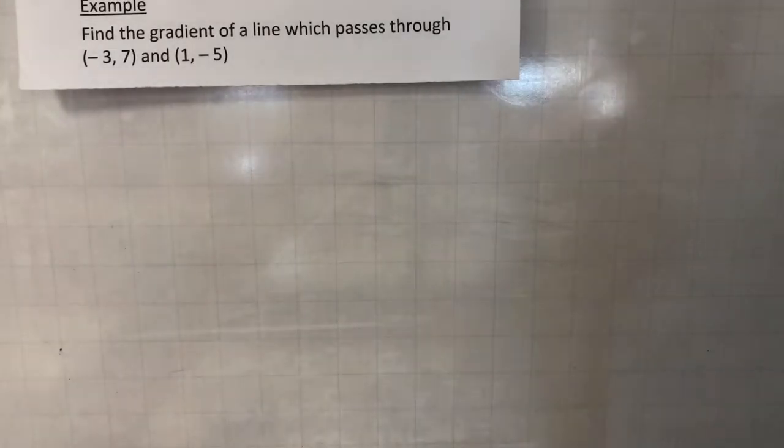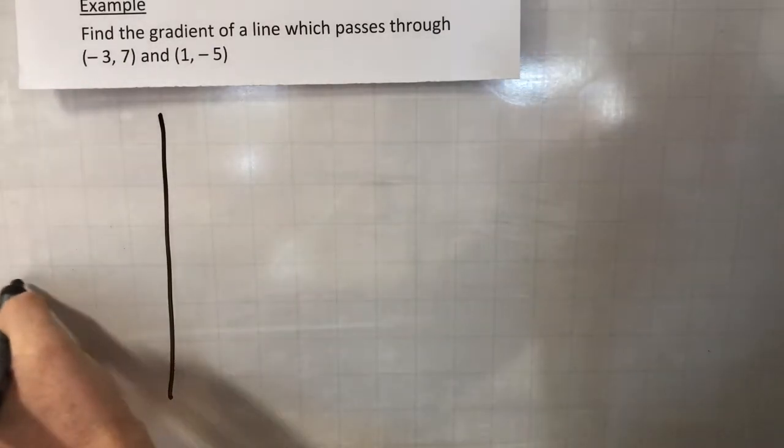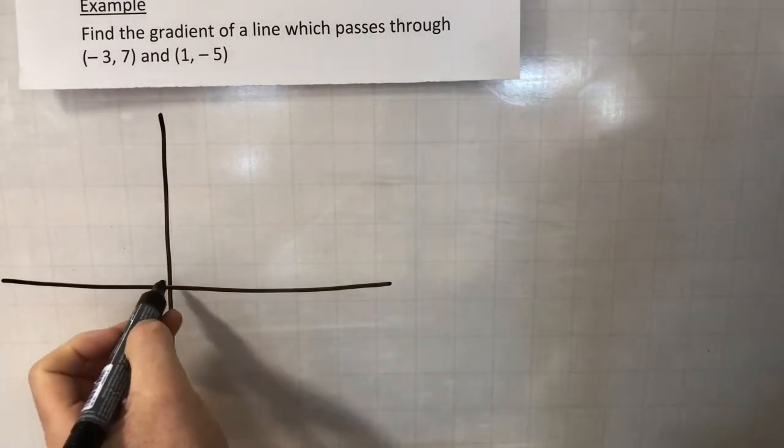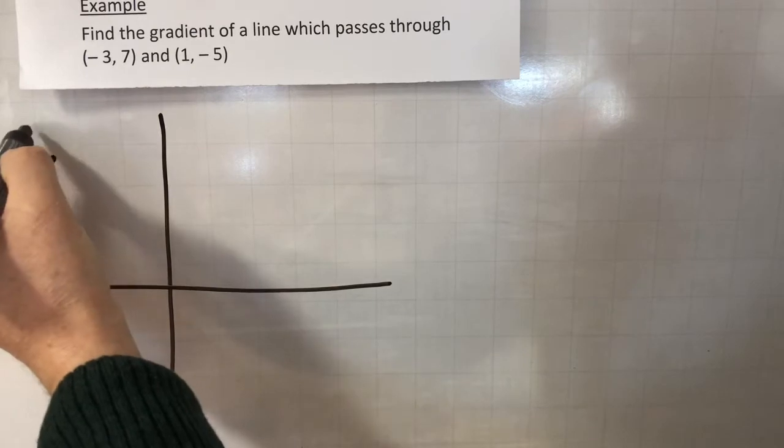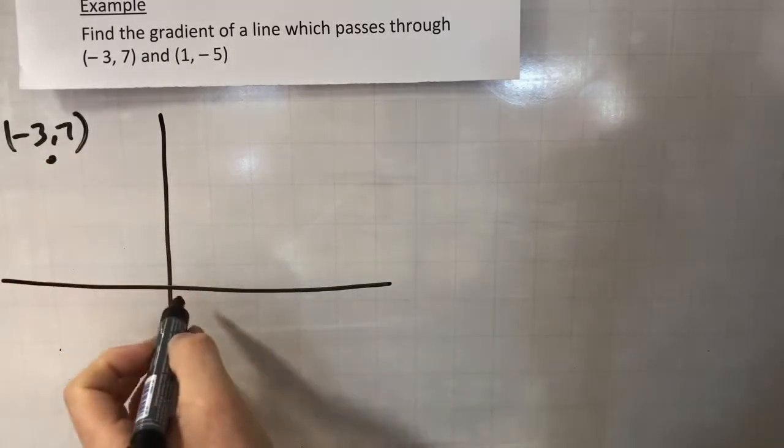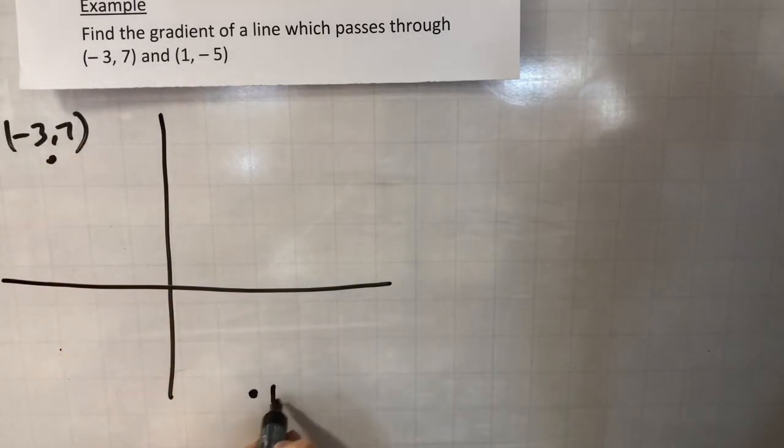Third example, again, draw a sketch. This time at -3, we're up at 7. At 1, we're down at -5.